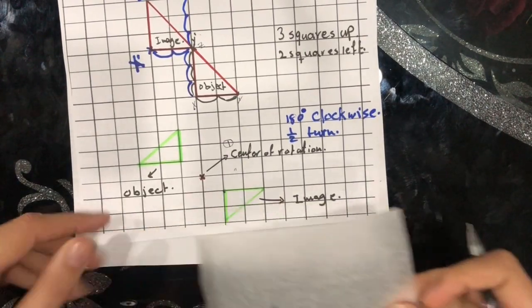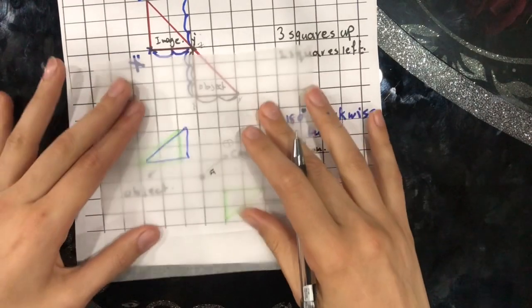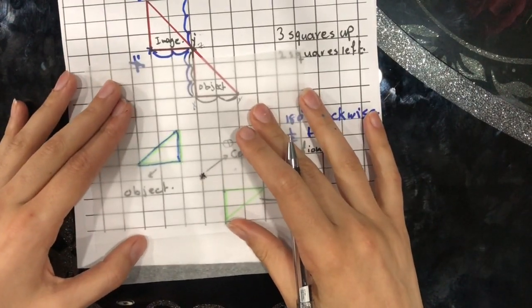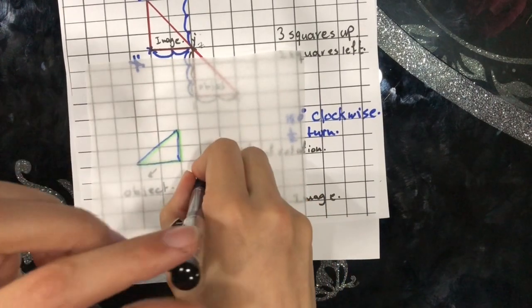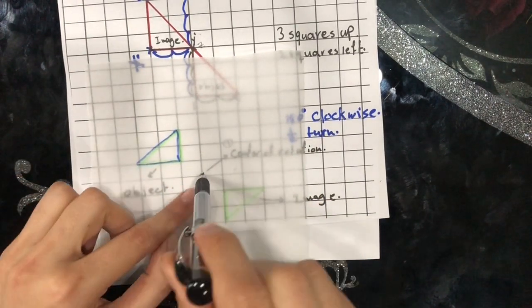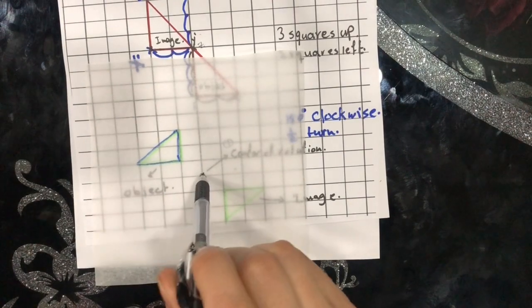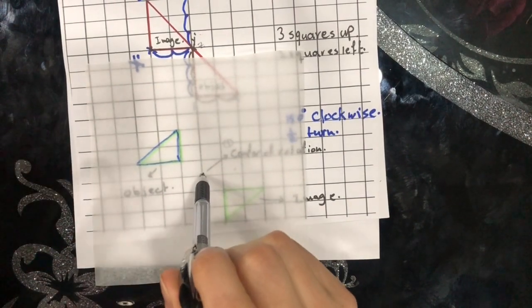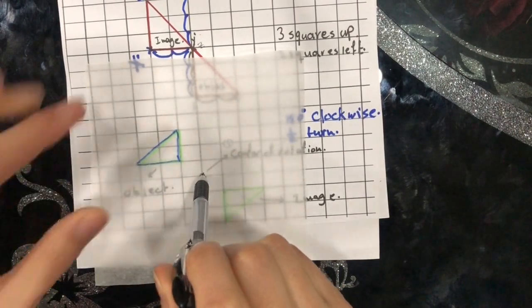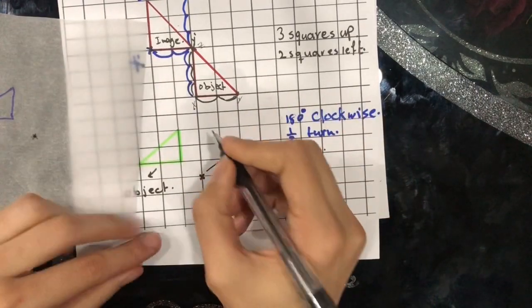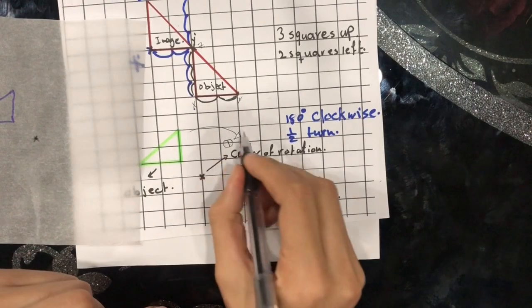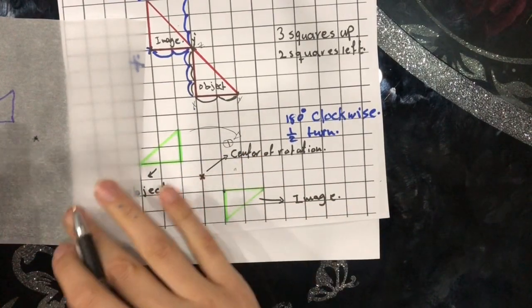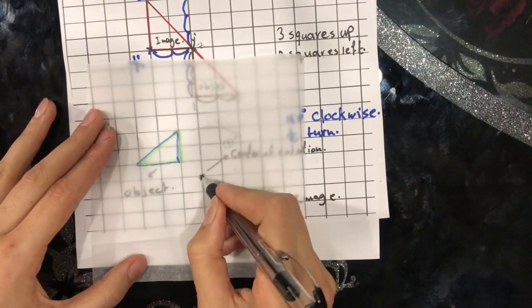Now, for this question, you will look at your object and place your tracing paper exactly on top of your object, and you will put your pencil in the center of rotation. Now, the question wanted me to rotate it 180 clockwise. Clockwise is this direction, because clockwise is like the clock hand moves.